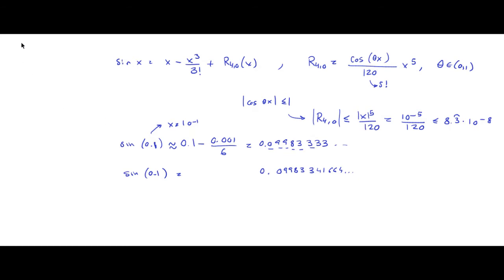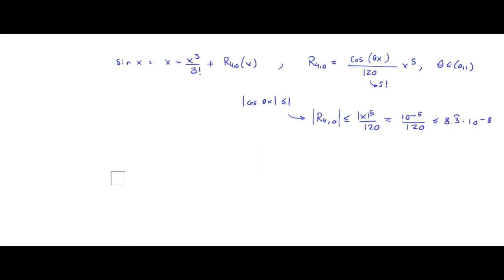Now we can think of this in another way. Instead of choosing x and seeing what's the error of the remainder, we can say, well, I want the error of my approximation to be smaller than 10 to the minus 5, for instance.